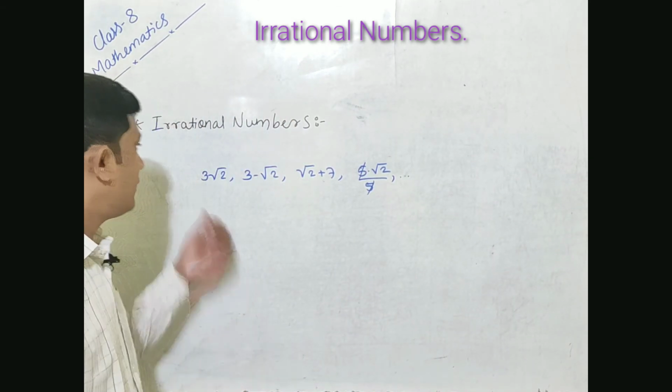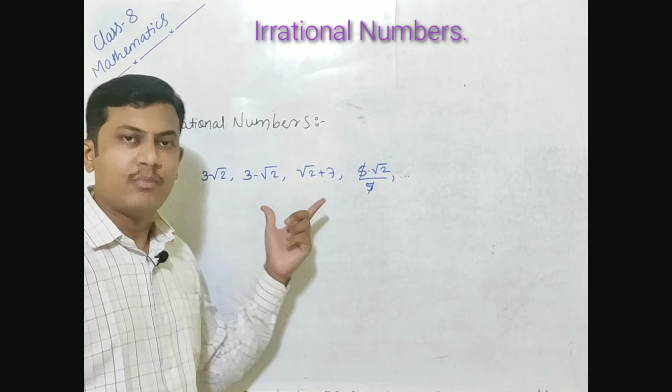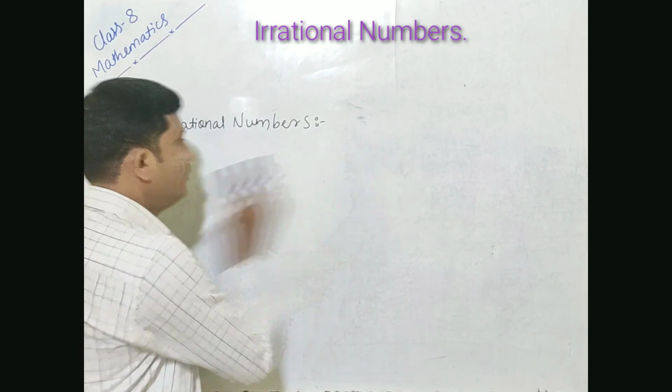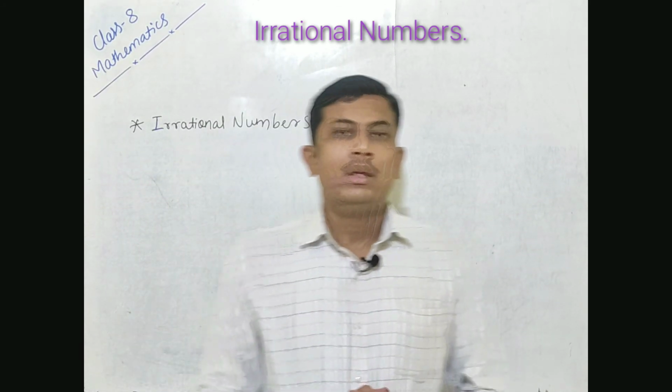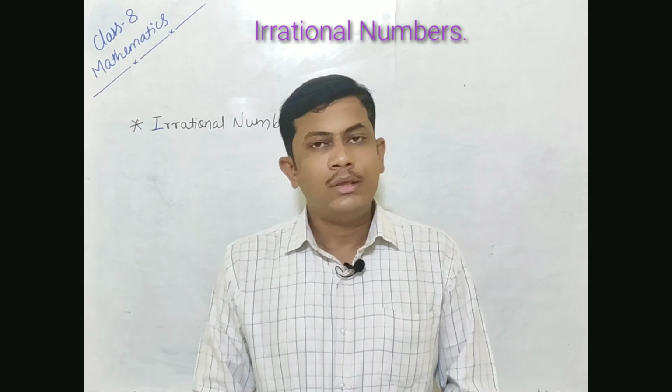So irrational numbers can also be shown in this form, as we have shown root 2 on the number line.